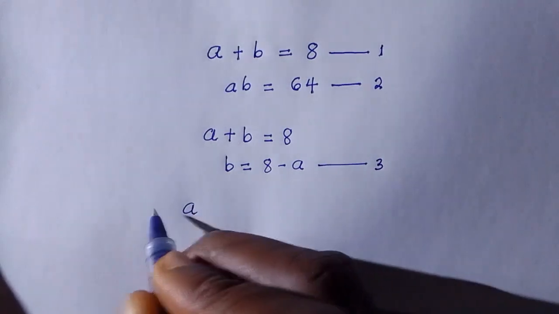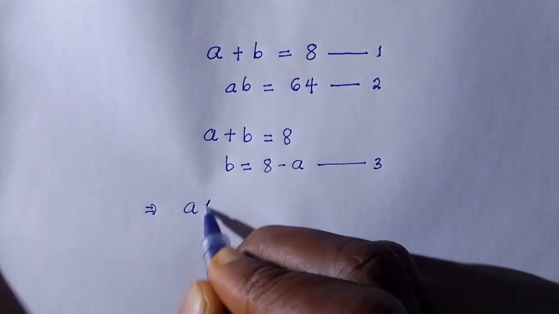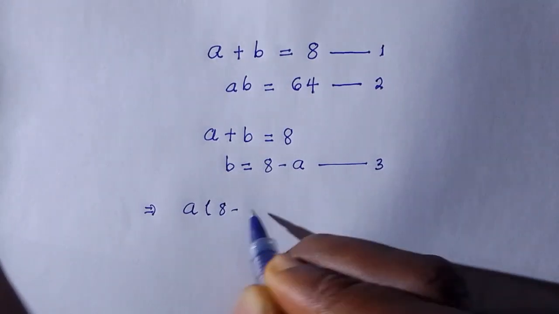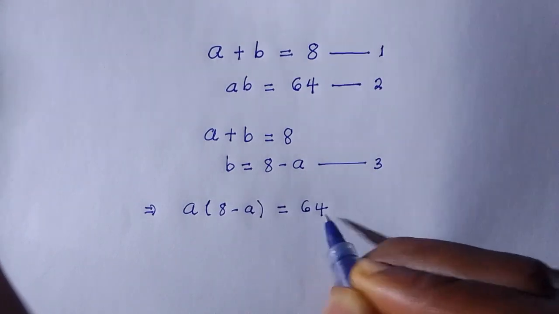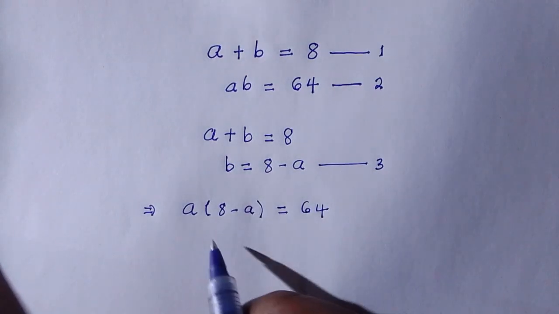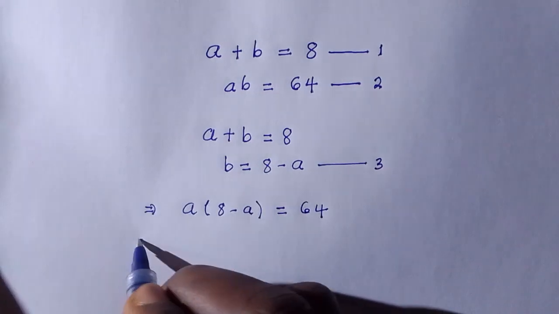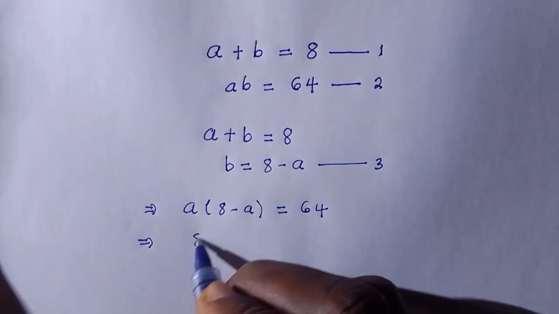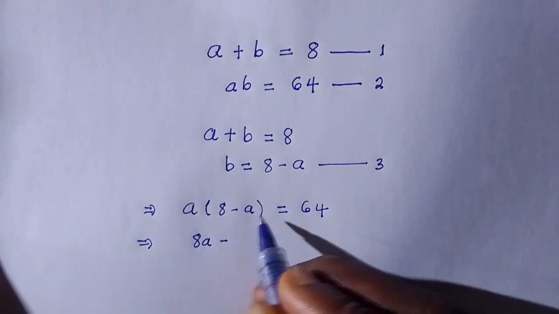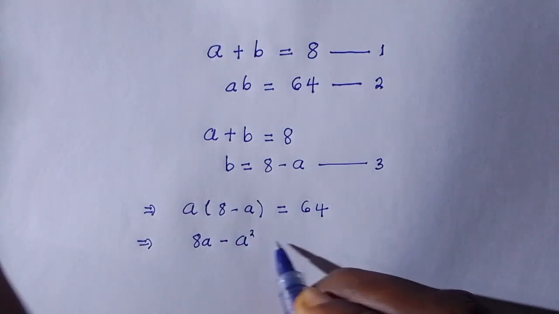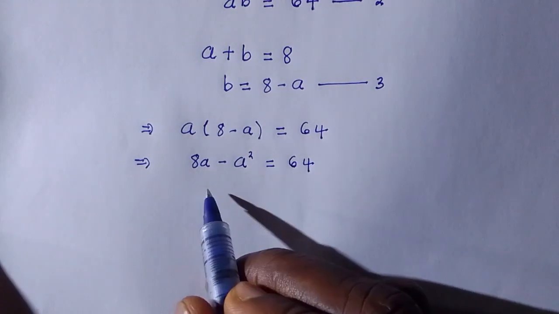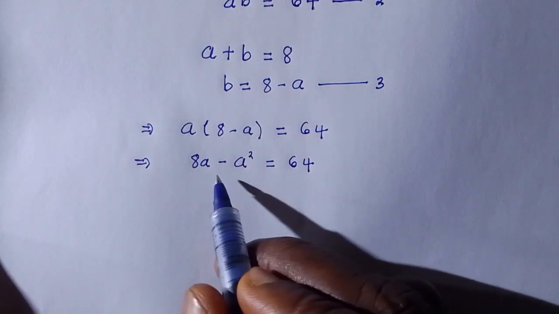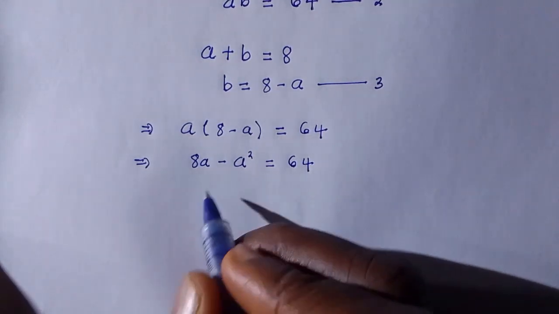So here we have a times the bracket of 8 minus a equals 64. Then we open the parentheses, as we have 8a minus a squared equals 64. Then let's do the rearrangement, because this is a quadratic equation.